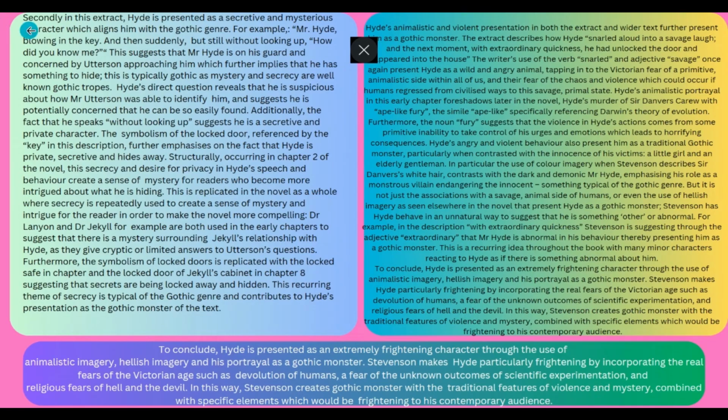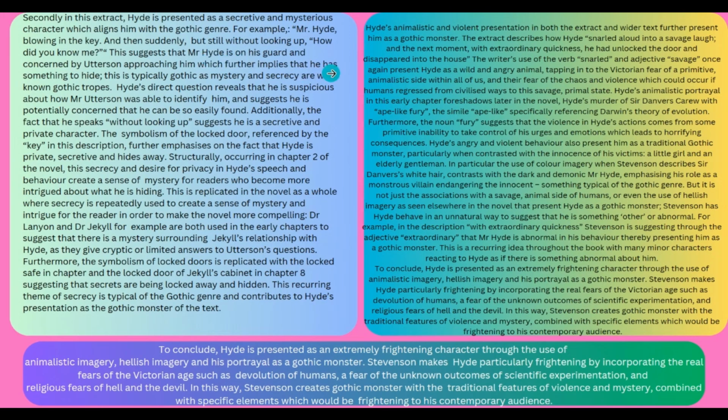Now, secondly, in this extract, Hyde is presented as a secretive and mysterious character, which aligns with the Gothic genre. So what the student has shown here is that they have taken their annotations of Hyde and linked them to a genre. So that's really good, especially for the point. For example, Mr. Hyde "blowing in the key, and then suddenly, but without looking up, how did you know me?"